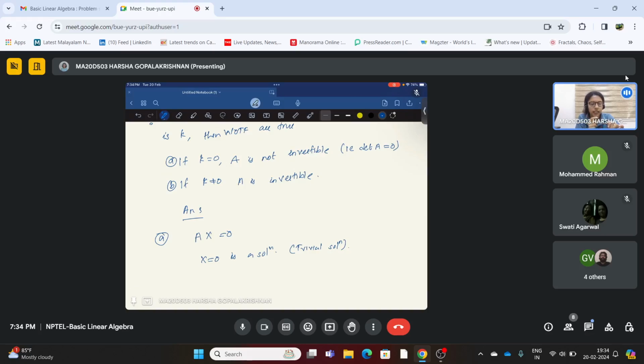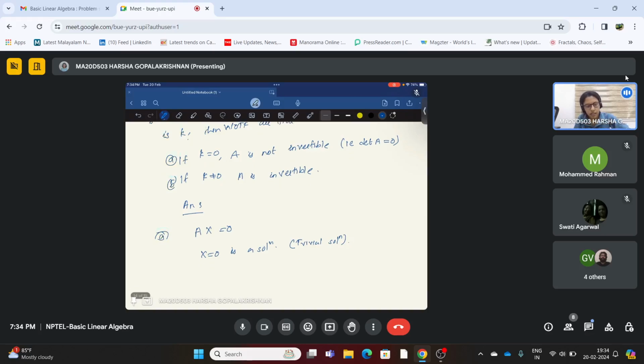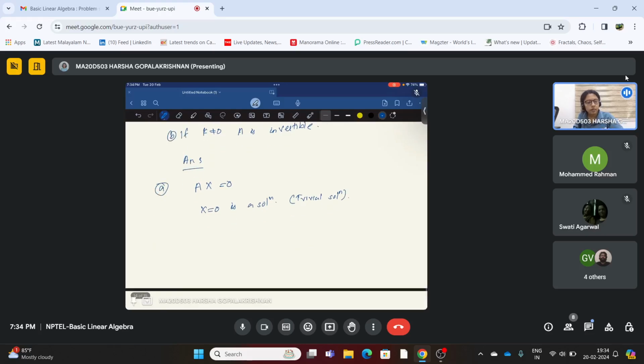The given condition is the sum of the rows is 0. Okay, let me explain that. I am taking the linear system Ax equal to 0. Suppose A is an n by n matrix.